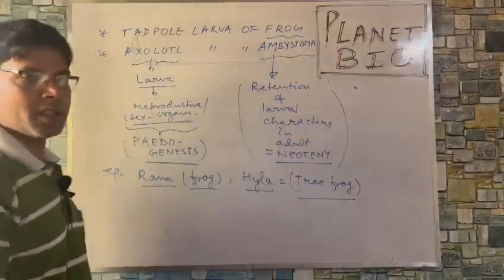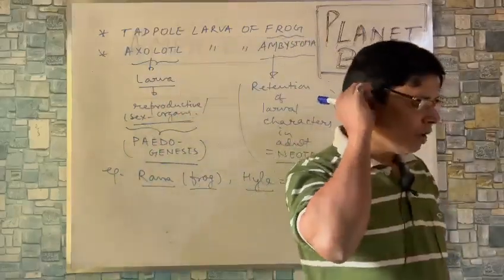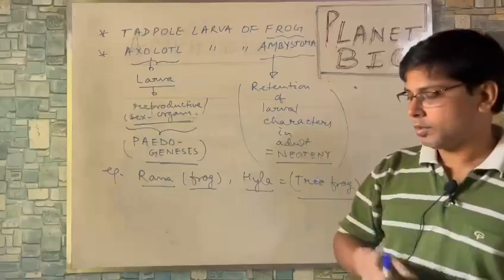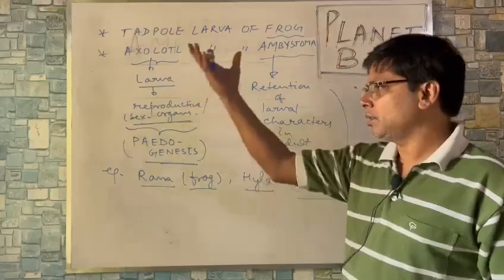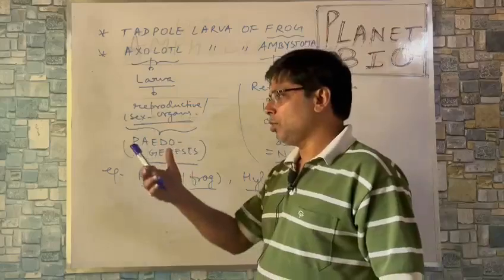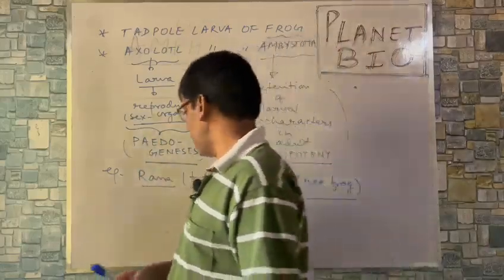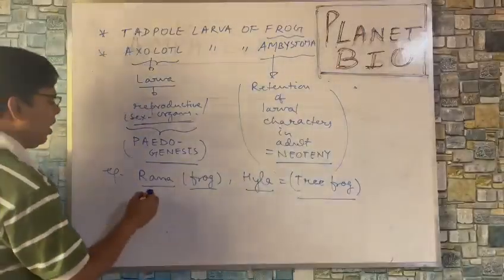Hyla, it may be poisonous. Hyla versicolor is a poisonous frog. Golden dart is also a poisonous frog. It is believed that if golden dart throws its saliva in the air, 200 persons can die at the same time. So some frogs are poisonous also.